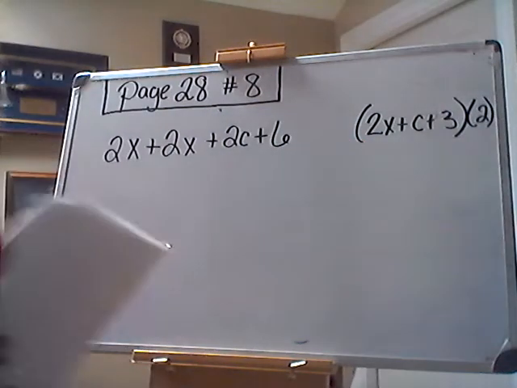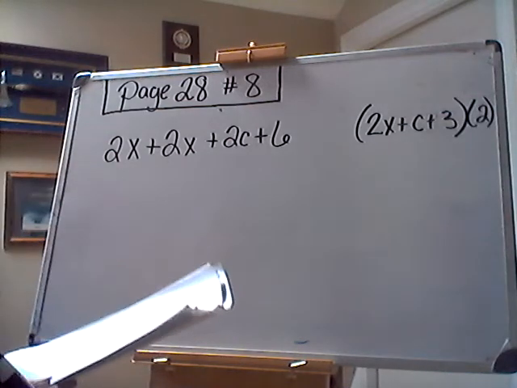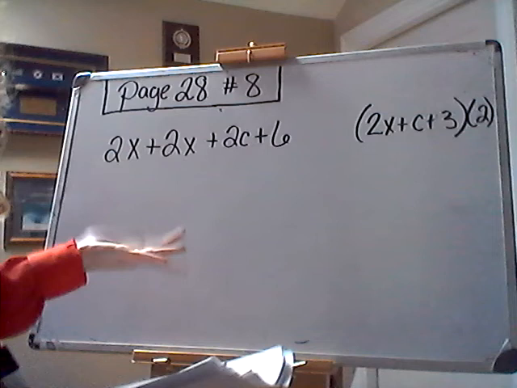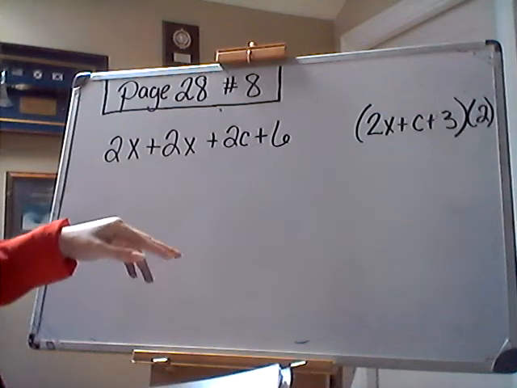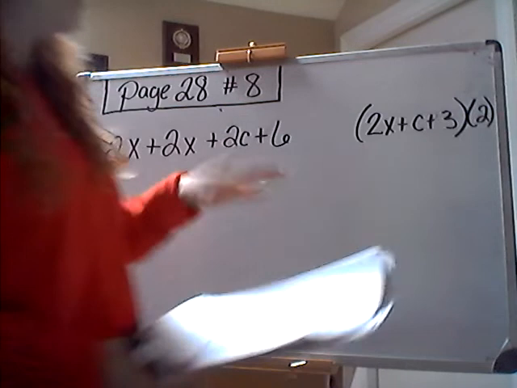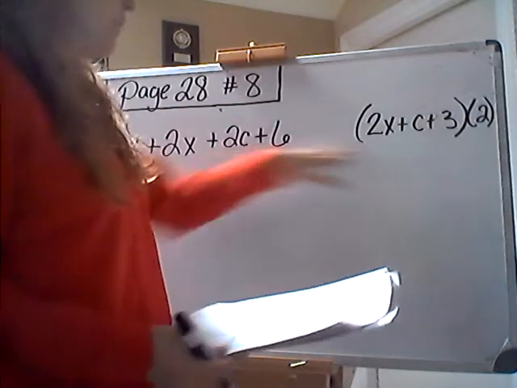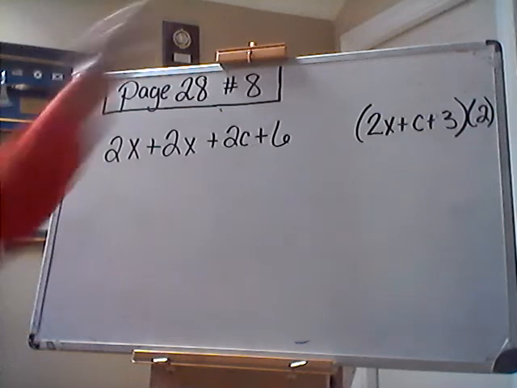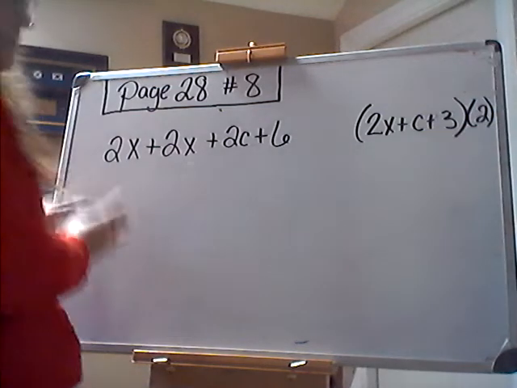Wow. Now, on the previous page, only one of the expressions could really be simplified to see if they were the same. On this page, both of these can be simplified. So let's simplify them both, see if they end up being the same answer.